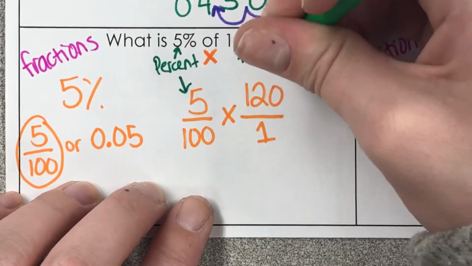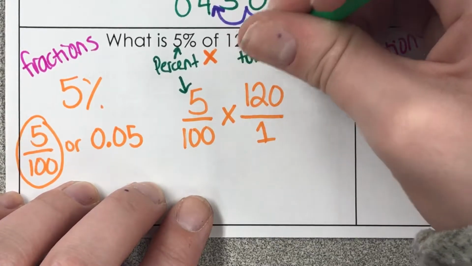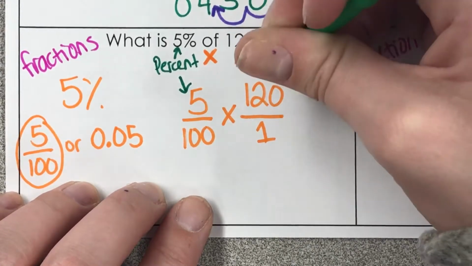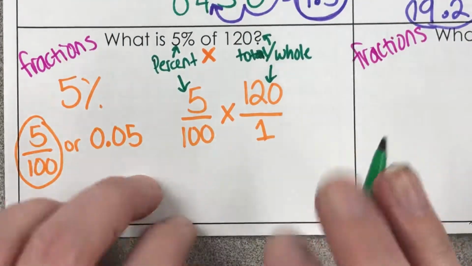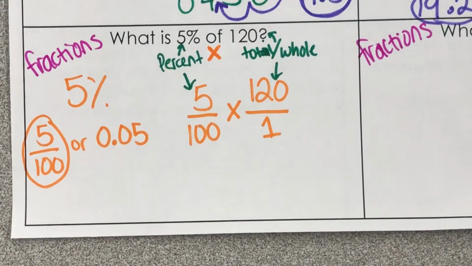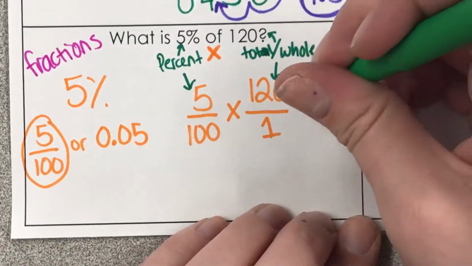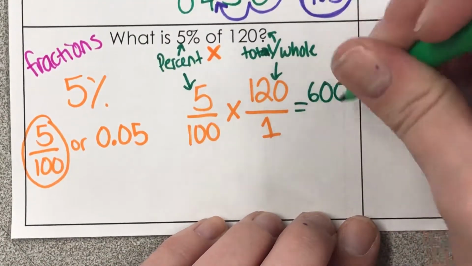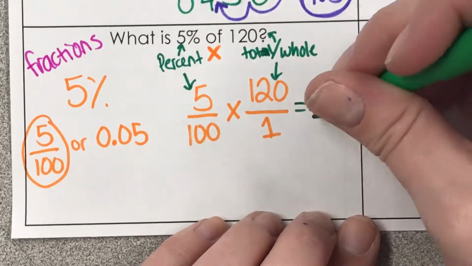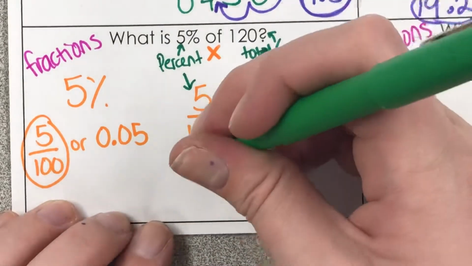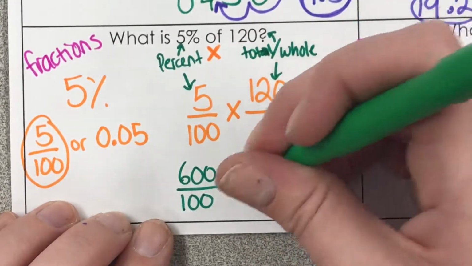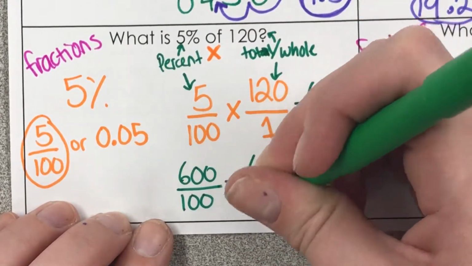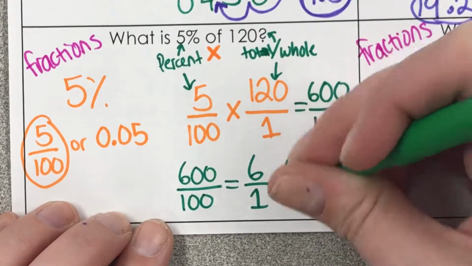I have my whole, that's my total, written in fraction form, and now I'm ready to just multiply across. 5 times 120 is 600. 100 times 1 is 100. I'm going to bring it down here. 600 over 100 simplified is 6 over 1, or you can just say the final answer is 6.